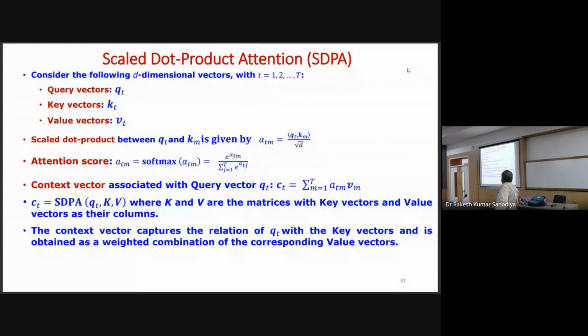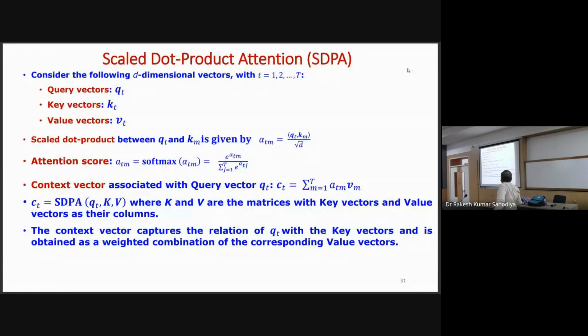So basically for every query vector q_t, I get this context vector c_t, which is obtained by performing this scaled dot product on q_t. And because we are using all the key vectors and the value vectors, all of them put together in these matrices K and V, that's why c_t is a function of this capital K and capital V. Okay. So basically for every q_t, I'm generating now a new representation called c_t.